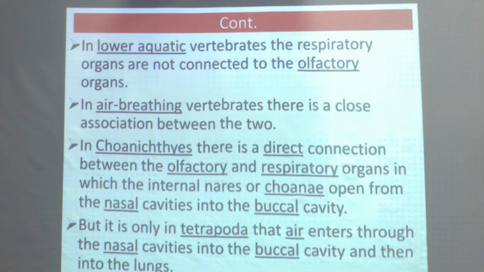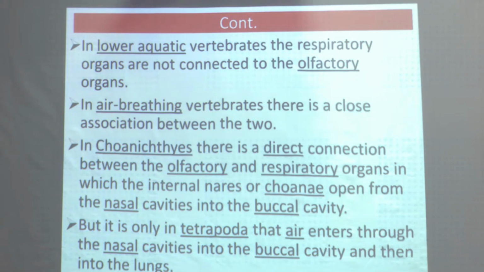There is a direct connection between the olfactory and respiratory organs, in which the internal layers, that is where the air will be given, internal choani open from the nasal cavity into the buccal cavity.